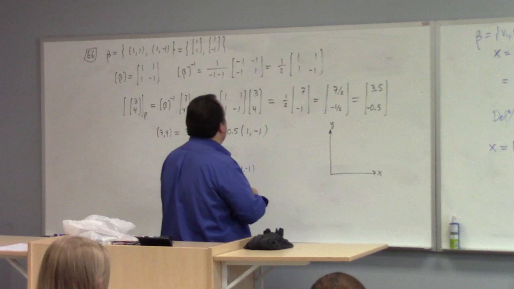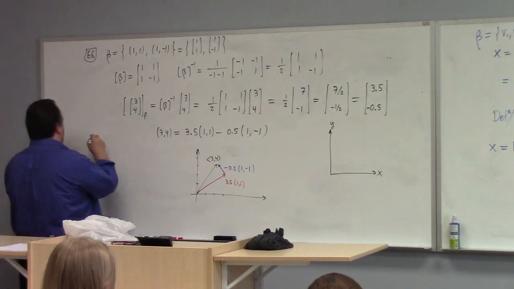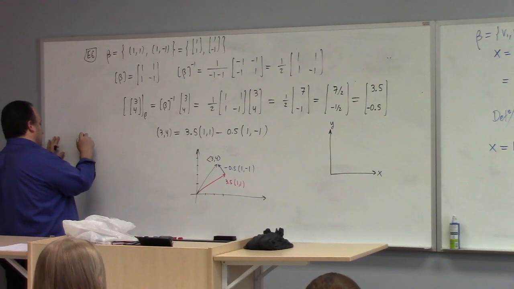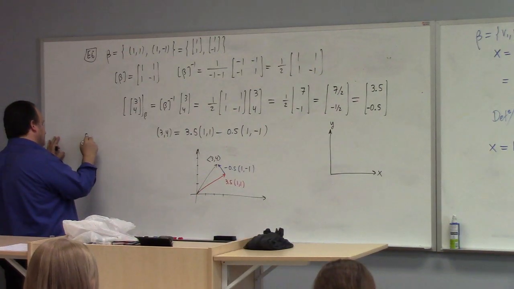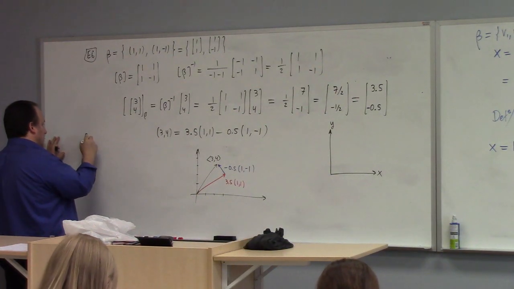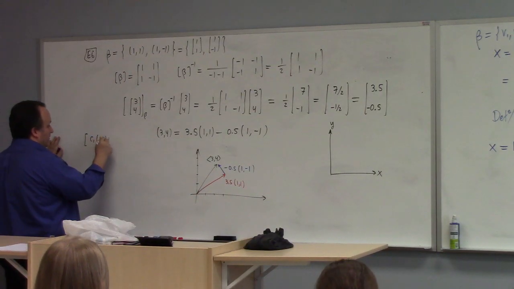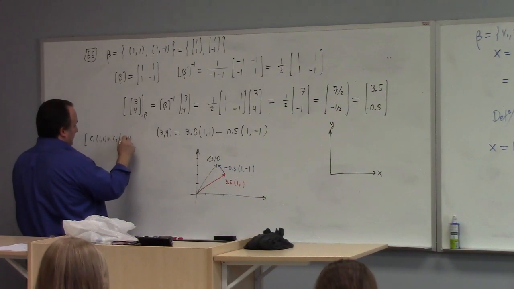And I guess in my current notation, we have the coordinate vector of C1, 1, 1 plus C2, 1 minus 1 is what?